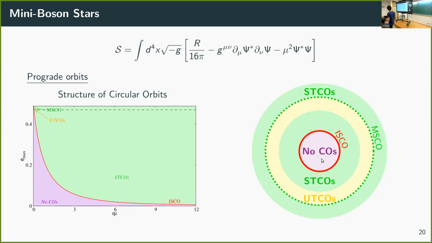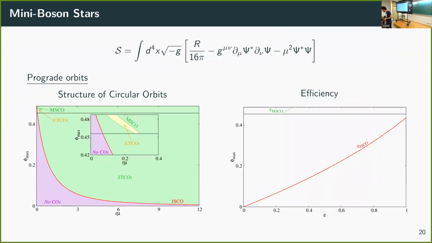Now that we understand the structure a bit better, you can look into the efficiency. Here again, we have the maximum value of the scalar field, now as a function of the efficiency. Again, each horizontal line is one solution. For example, if I choose the solution that I showed before, where the maximum value is 0.2, you can see that the efficiency at the ISCO is more or less 50%.